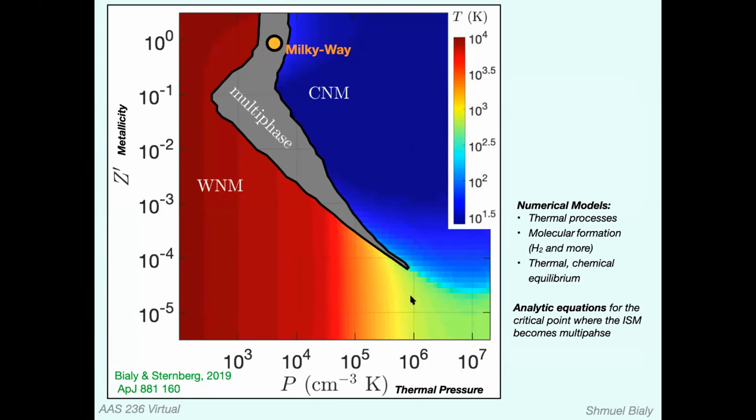In this limit, that's what you see here, the temperature goes from the WNM temperature of about 10^4 K, then gradually decreases to about 1000 Kelvin and saturates at about 500 or 1000 Kelvin. And this temperature is not arbitrary. It's the temperature associated with the energy levels of H2 cooling, with the lowest energy level, which is about 500 Kelvin.